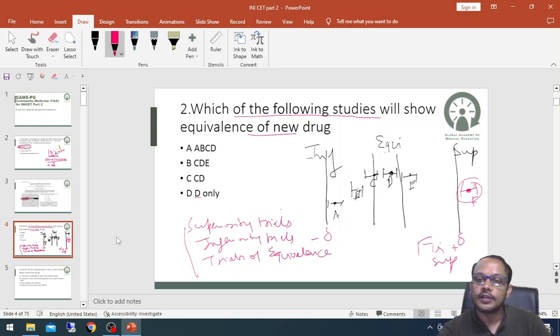And if any drug is lying here, for drug G, in the inferiority beyond the line of inferiority, we can say that G is inferior to the old drug, okay. So, the language is like that, that F is superior to the old drug or the new drug G is inferior to the old drug. So, when superiority and inferiority trials are there, we can expect results here or here.